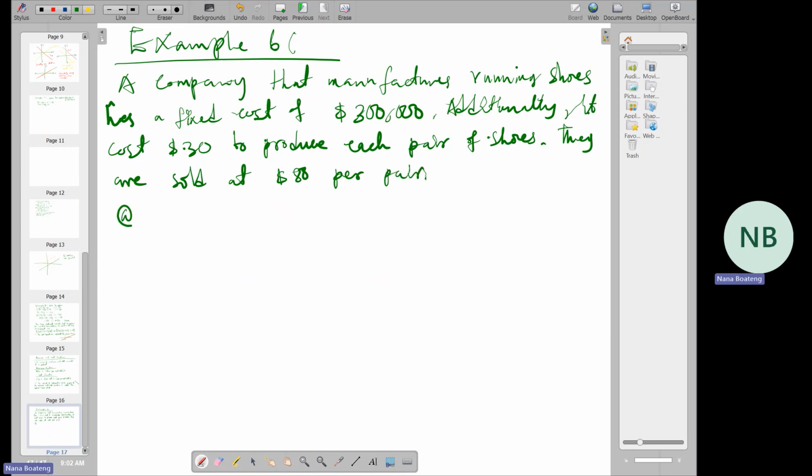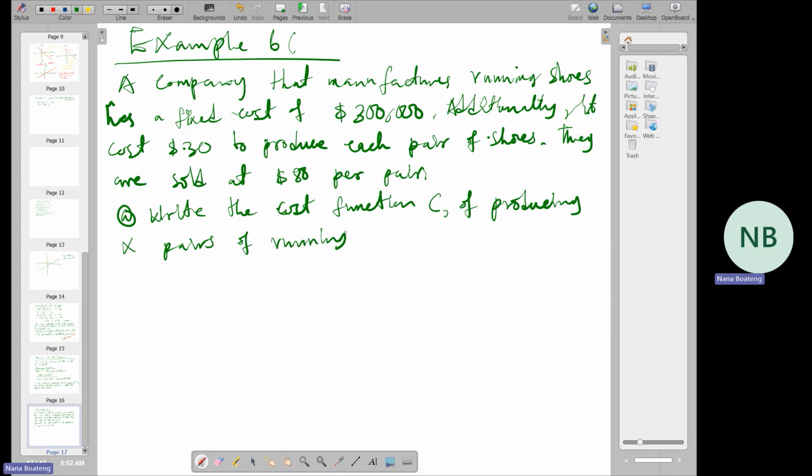And the question is, A: write the cost function C of producing X pairs of running shoes.